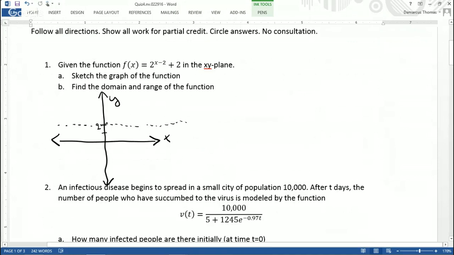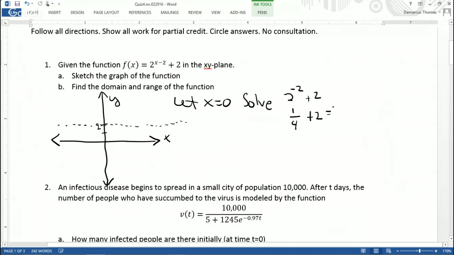Another important point is to figure out what the y-intercept is. So let x be 0 and then solve for y. Usually, to make a nice sketch of an exponential function, you really just need about 2 or 3 points. If we let x be 0, I'm getting 2 to the negative 2 plus 2, which is nothing more than 1 over 4 plus 2.